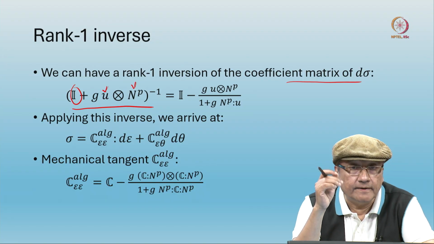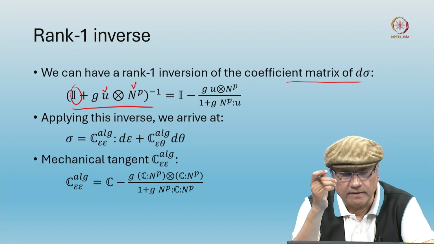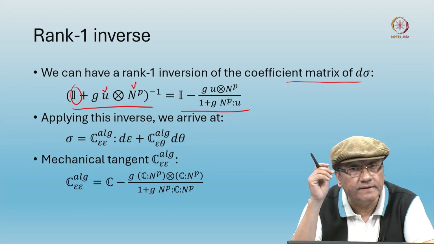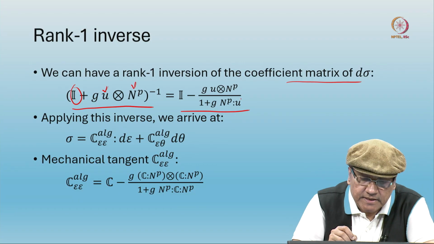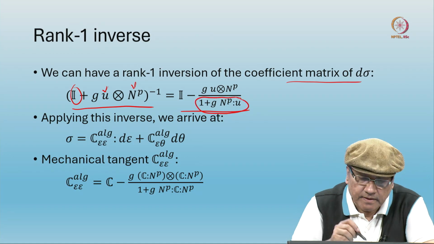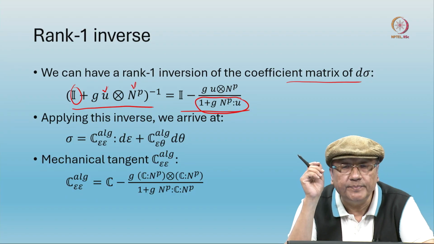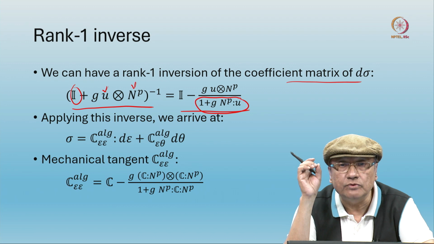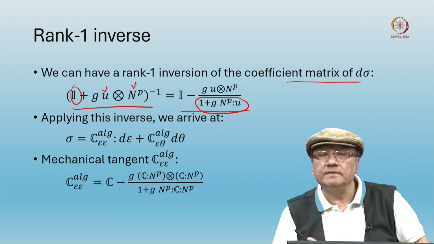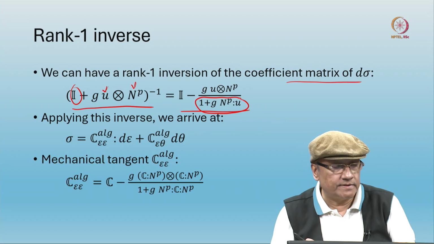So, when you take the inverse you write it also in terms of the fourth order tensor in this way. Okay. So, this term here below, you observe that it is basically a scalar, because G is a scalar, and NP inner product with U is a scalar, because both NP and U are second order tensors. Okay. So, this is the simple rank 1 inverse, right.